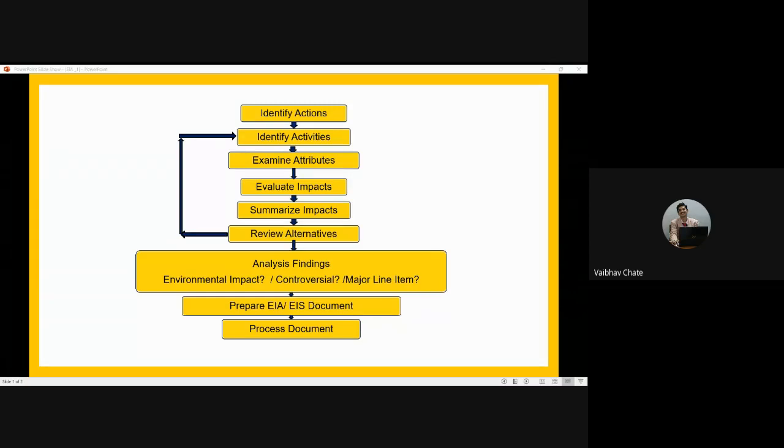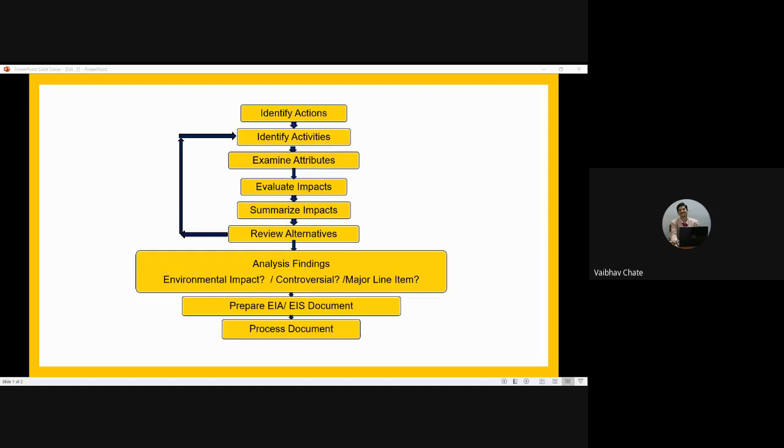I told you when we go for EIA, when we go for EIS, and when we go for what is called a negative declaration. That is, if the project is neither considered environmentally controversial nor going to cause significant environmental impact, then a negative declaration report will be prepared, and as per that, EIA will be prepared.